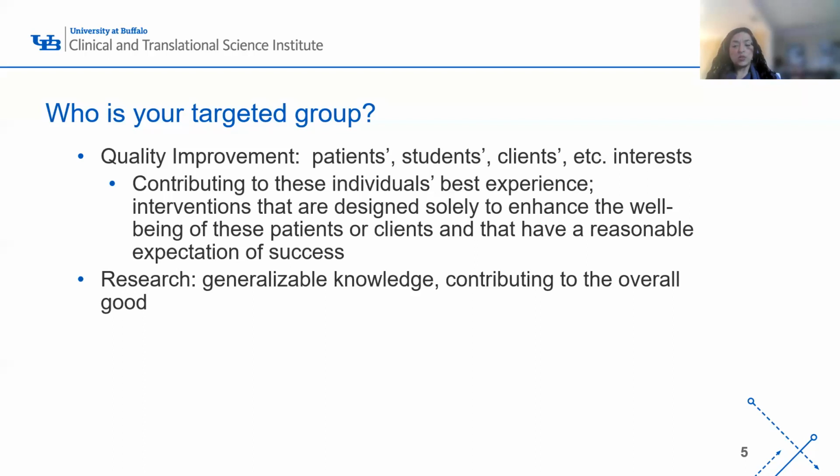One of the main goals of the IRB is to ensure that the rights and welfare of subjects are protected. So this means that the IRB review and approval allows the researcher to focus on the goal of gaining generalizable knowledge, while the IRB makes sure that the research team has taken all necessary steps to protect the human subjects involved in that research.